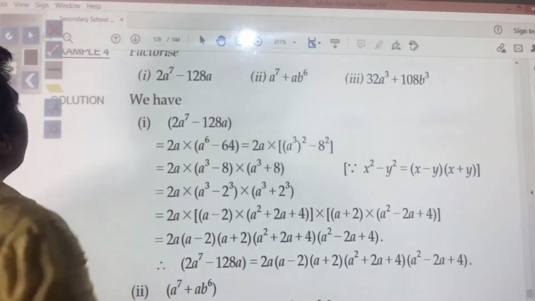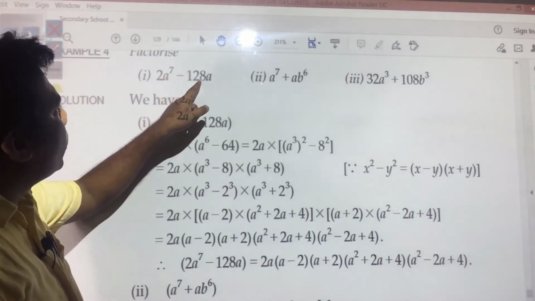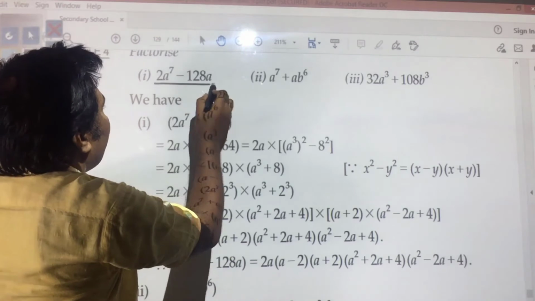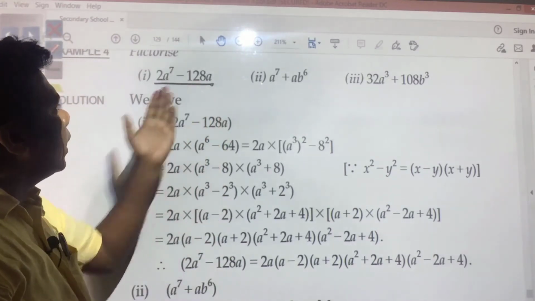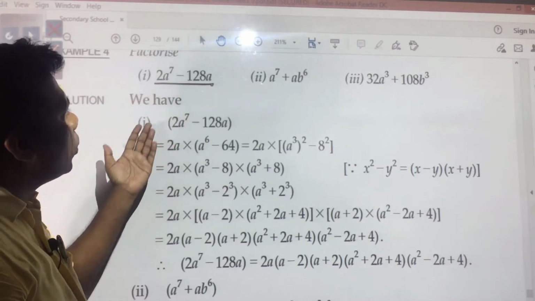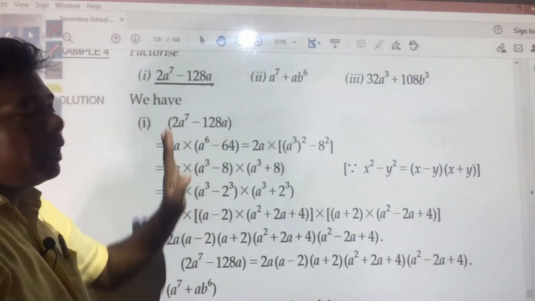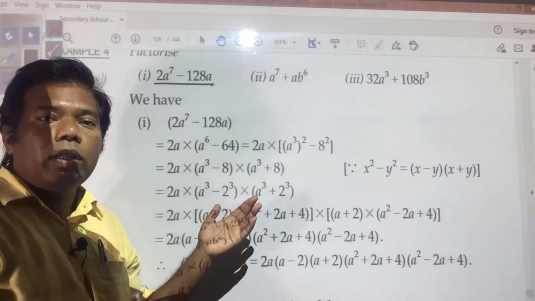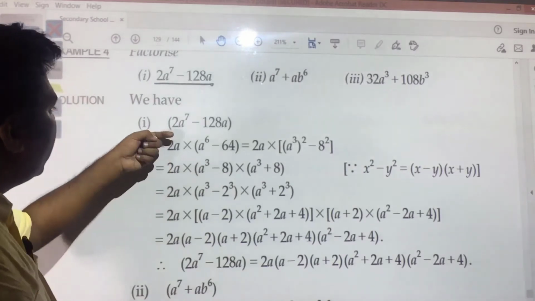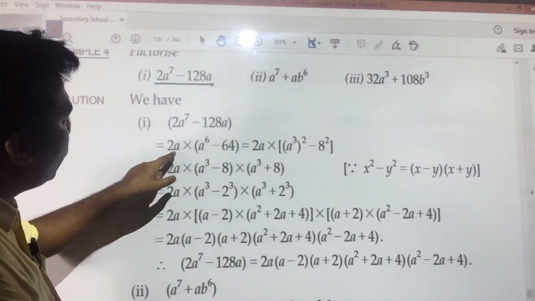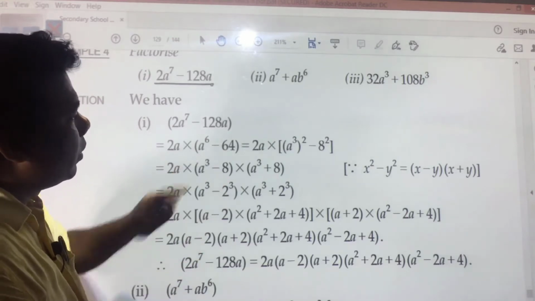Next you see 2a to the power 7 minus 128a. In this type of question we need to see what common factor we can take out, so that what is left with us is in the formula of a cube minus b cube or a cube plus b cube. Here you see, if you take out common 2a, you are left with a to the power 6 minus 64.